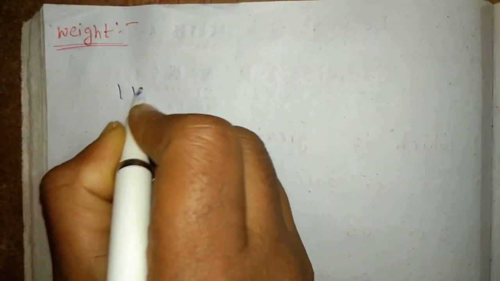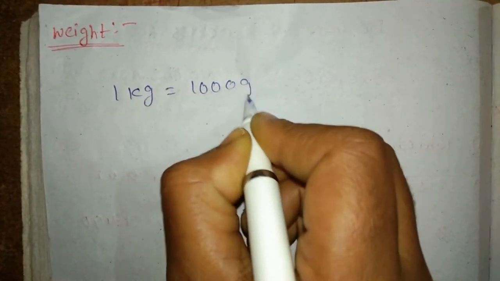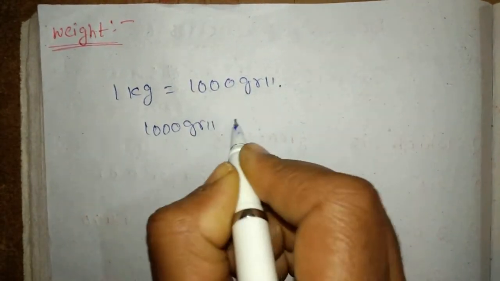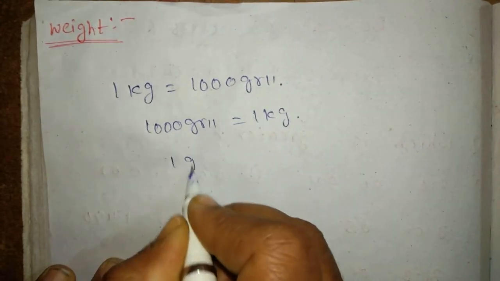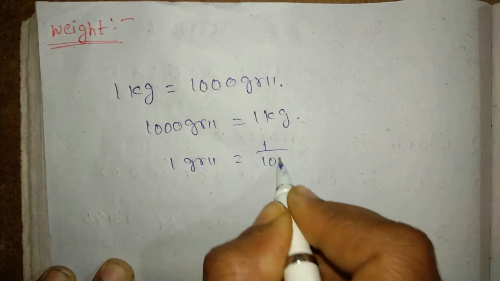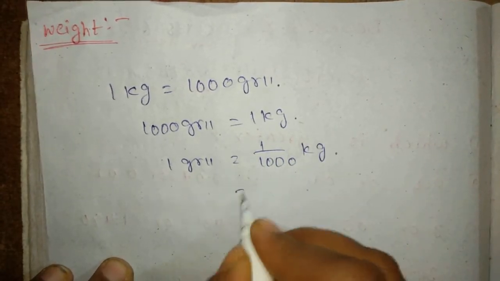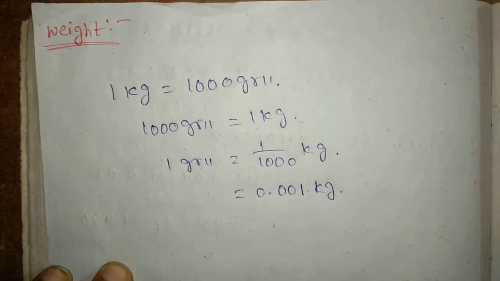Now next, while representing weight also we can use the decimal point. As we know, 1 kg is equal to 1000 grams. Then 1 gram is equal to 1 by 1000 kg, which can be written as 0.001 kg.